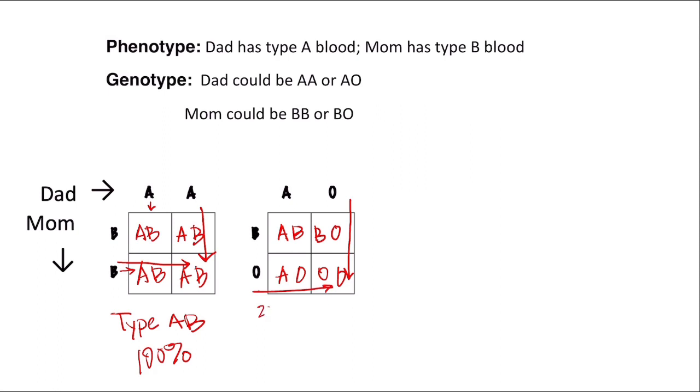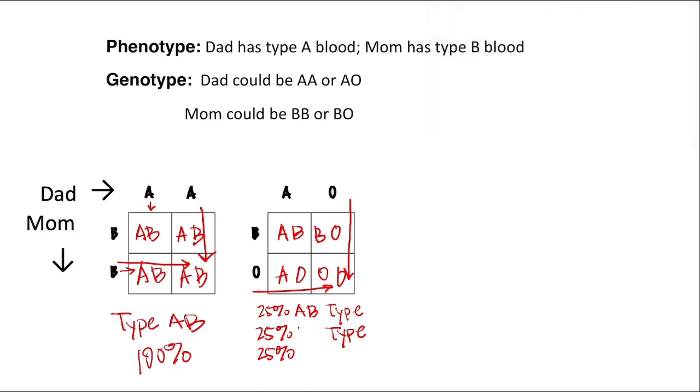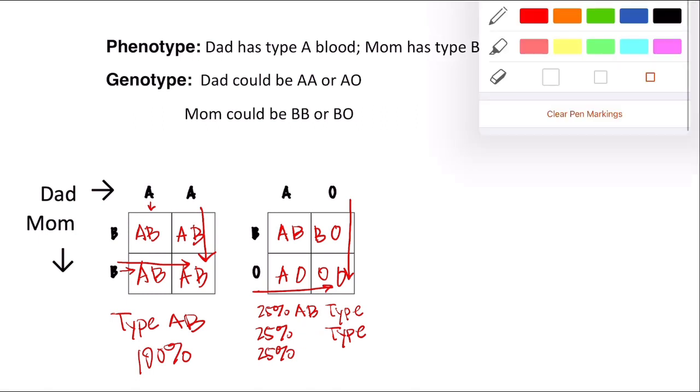So 25% of their offspring are going to have the AB genotype. 25% are going to have BO. Sorry, that's the genotype, and these should be the phenotype.